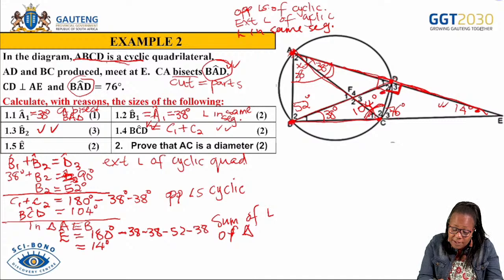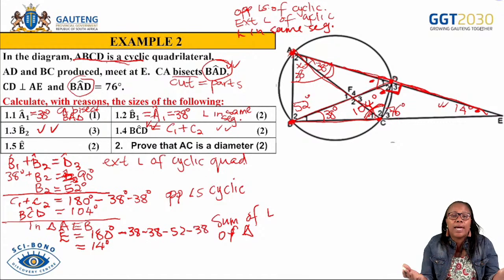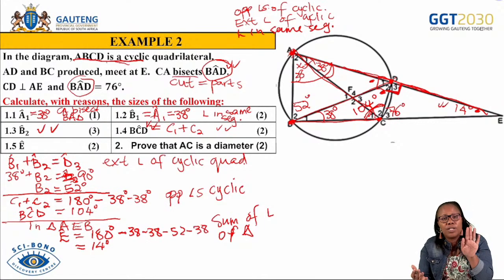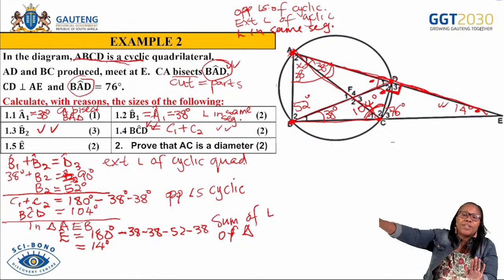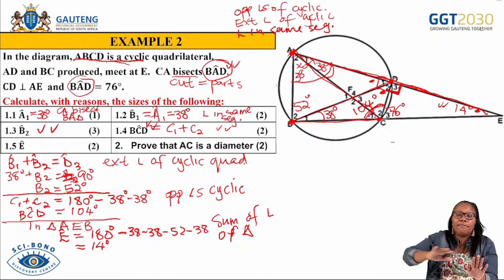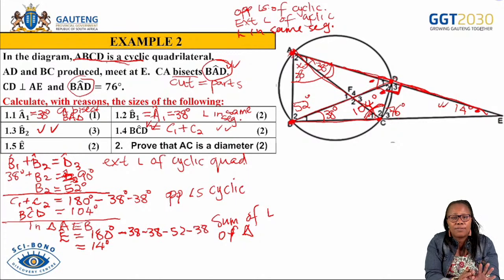You can find that value there. You can find D1, sum of angles of a triangle in triangle ABD. So I am just bringing this to your attention because the examiner can choose any angles to be calculated. That is why I'm saying always ignore what is asked from you and try to find everything, even beyond the questions that were asked, so that you can be safe with any question on that particular diagram.